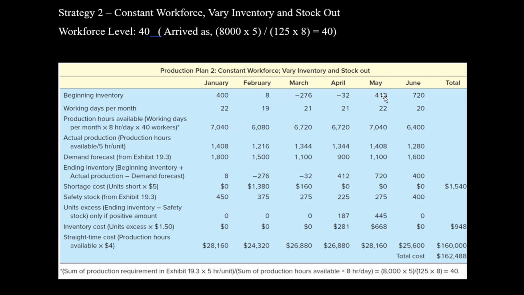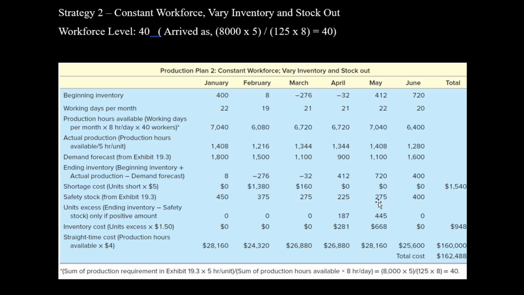Again 22 days, so 7040 hours available. 1408 is the actual production, 1100 is the demand. So basically ending inventory will be 720. Shortage cost will not be there because we are positive here.